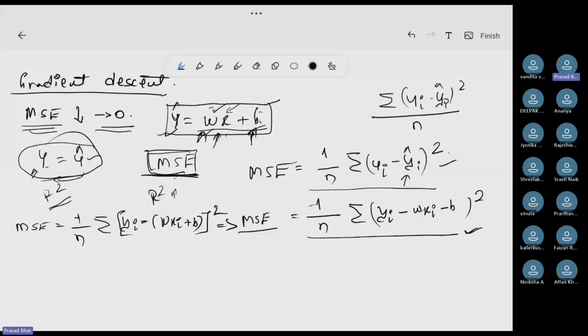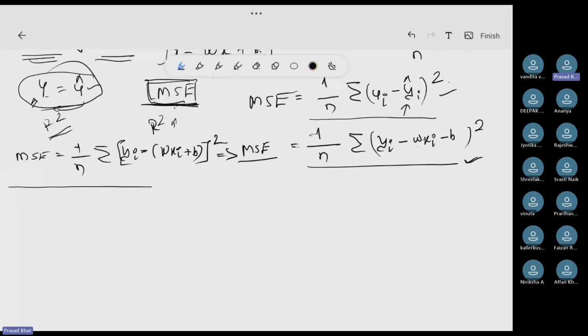And we consider these two as variables in our next process. So one thing that I need to find out here is how a change in W is affecting my MSE and how a change in b is affecting my MSE. These two things I need to understand.